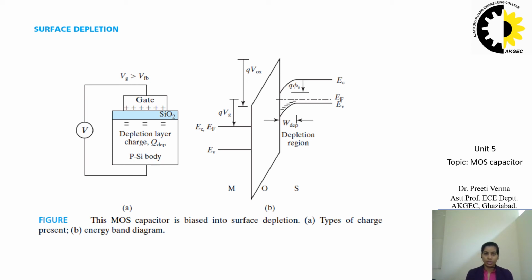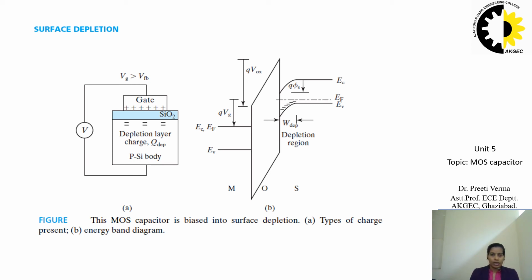So the equation becomes Vox is equal to minus Qsub divided by Cox. Then we can write it as minus Qdep upon Cox, and the charge we can write as q Na times the width of the depletion, divided by Cox. Further simplifying it, we can write root of q Na 2 epsilon s phi s divided by Cox.